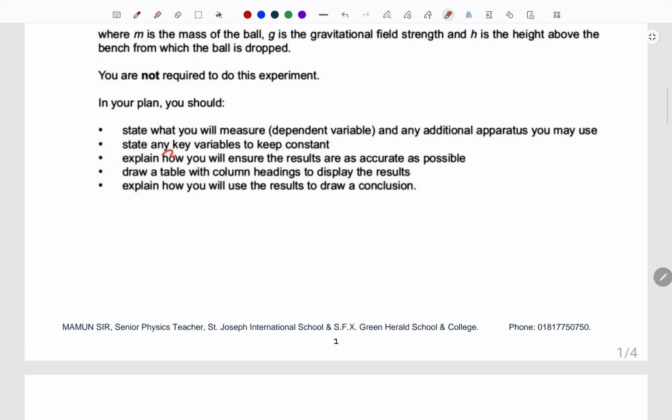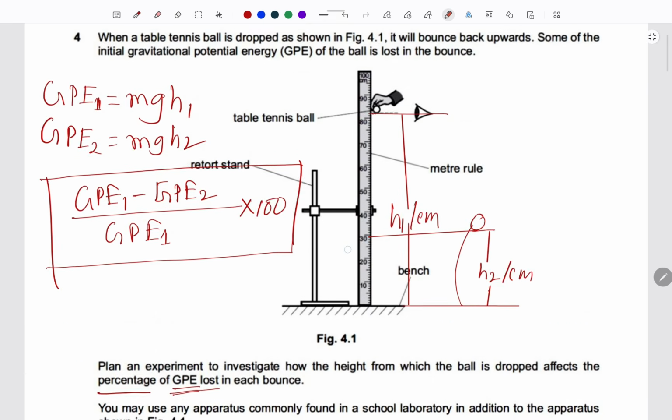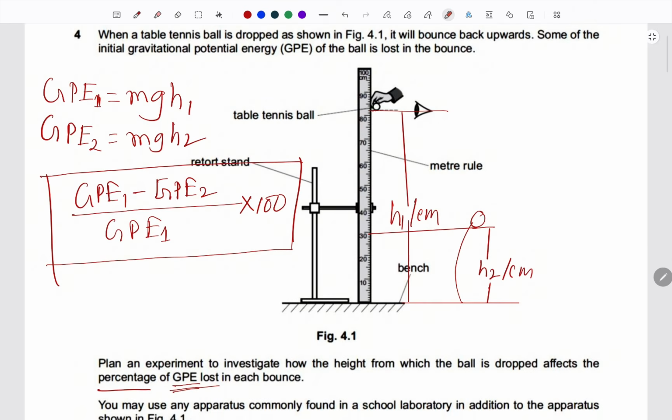Second point, state any key variable to keep constant. See, in this experiment, what do you think? What we need to keep constant? I think for the first one we need to use the same ball, because if we use a different material ball or different diameter ball or different mass ball, the experiment will change.